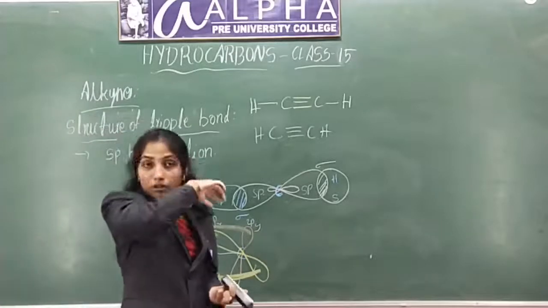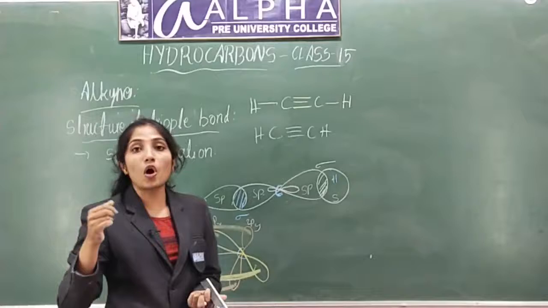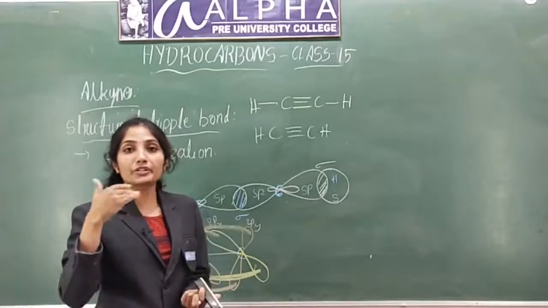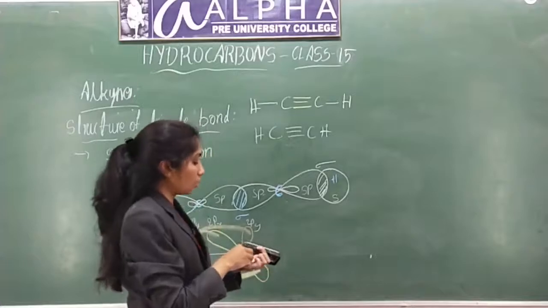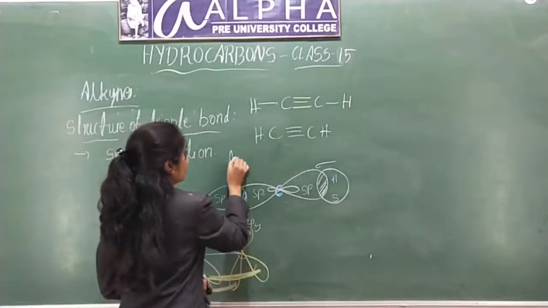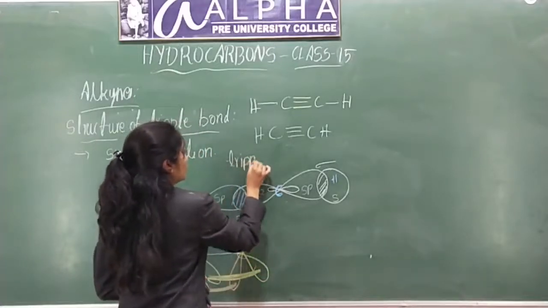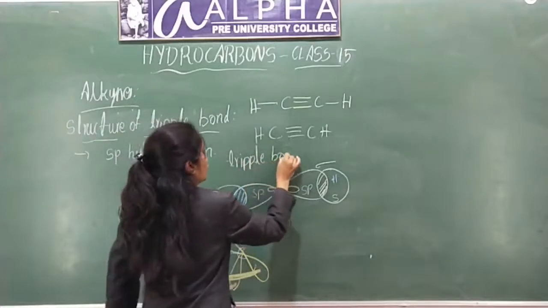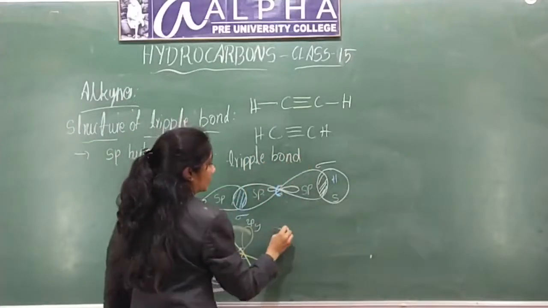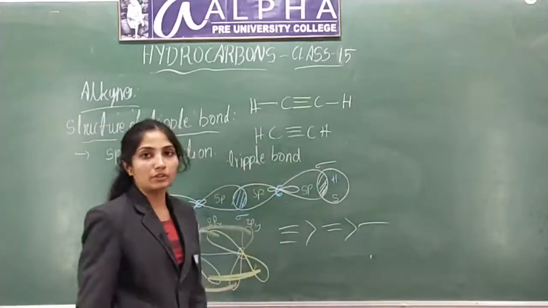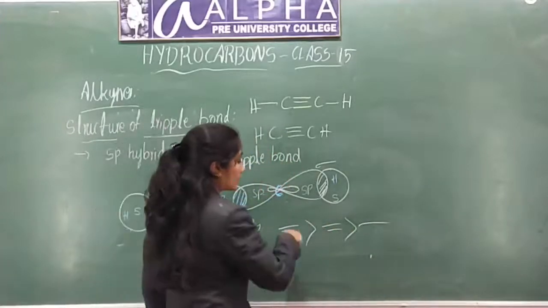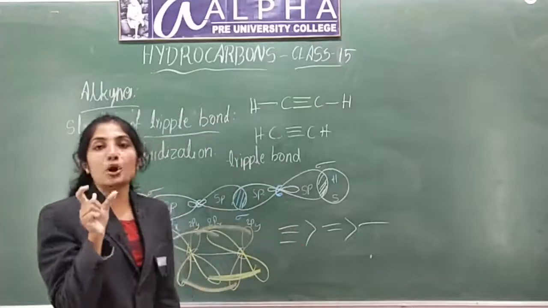A triple bond is stronger than a double bond. So the triple bond is stronger than the double bond, which is stronger than the single bond. It will also be shorter in length.